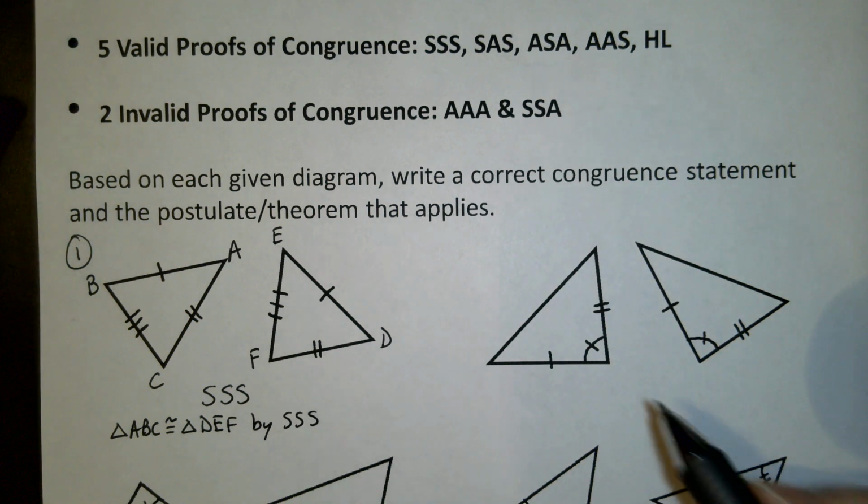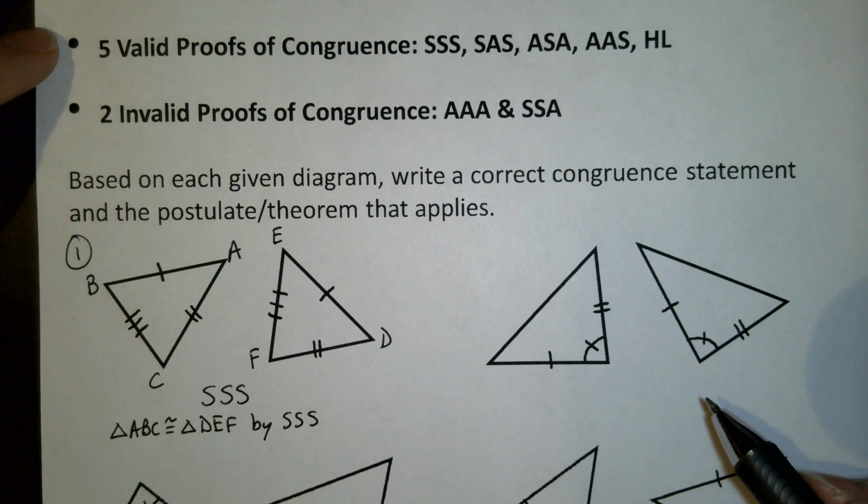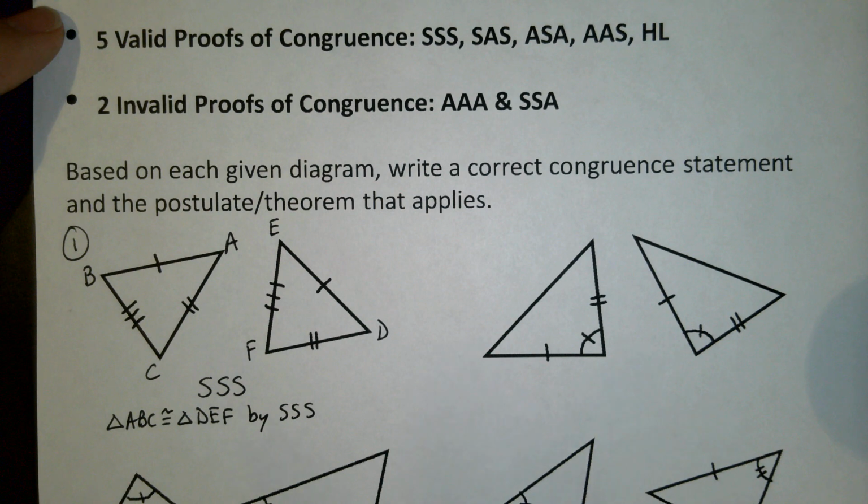Now, for now, we're just going to name it. We don't always have to write the congruent statement. I guess I can. The instructions said to do that, but the main thing is identifying side, side, side.